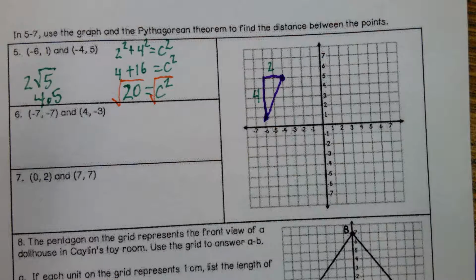So plot the points and let's figure it out. Okay, and the other point is 4, -3.